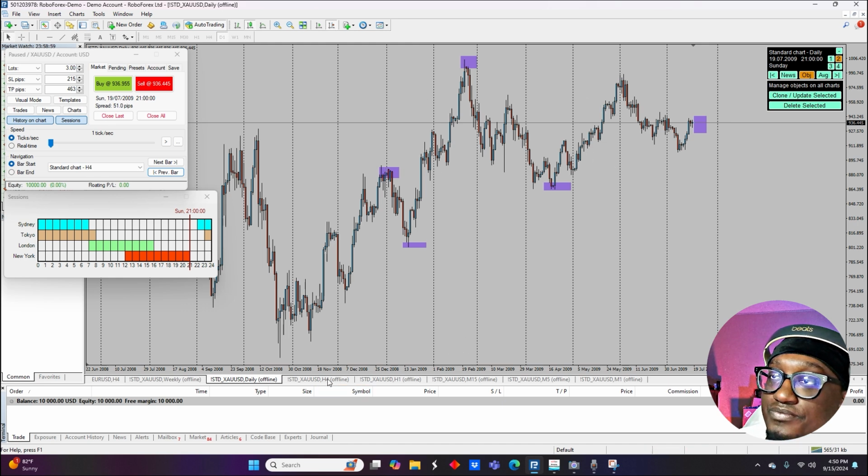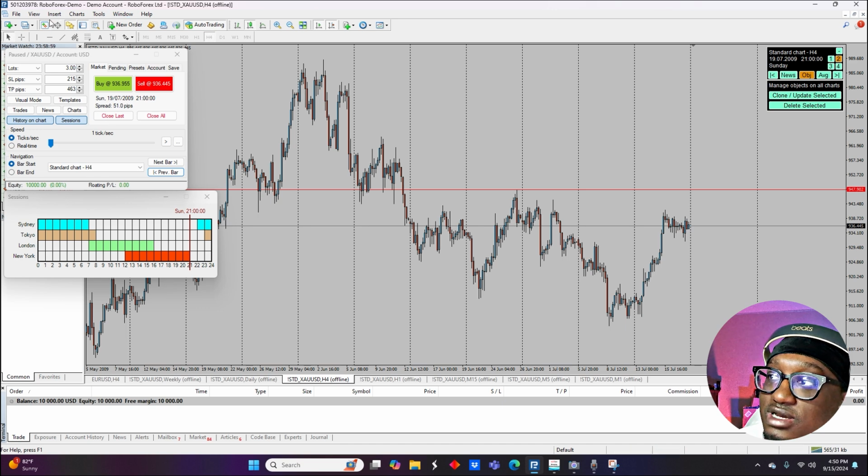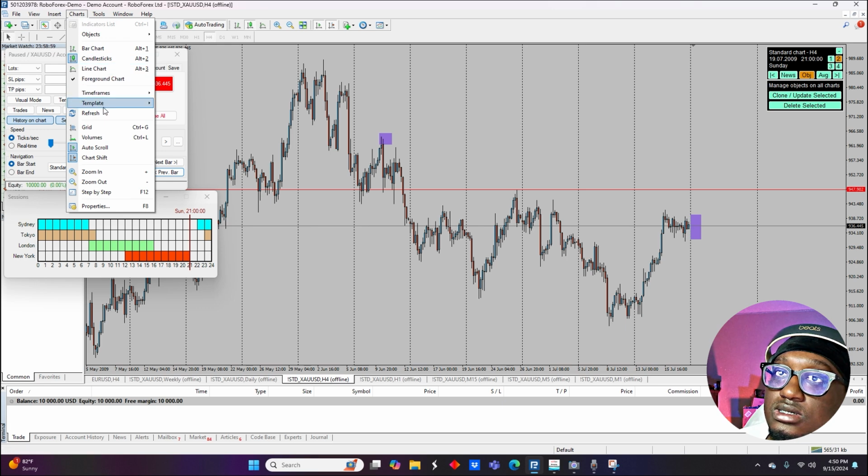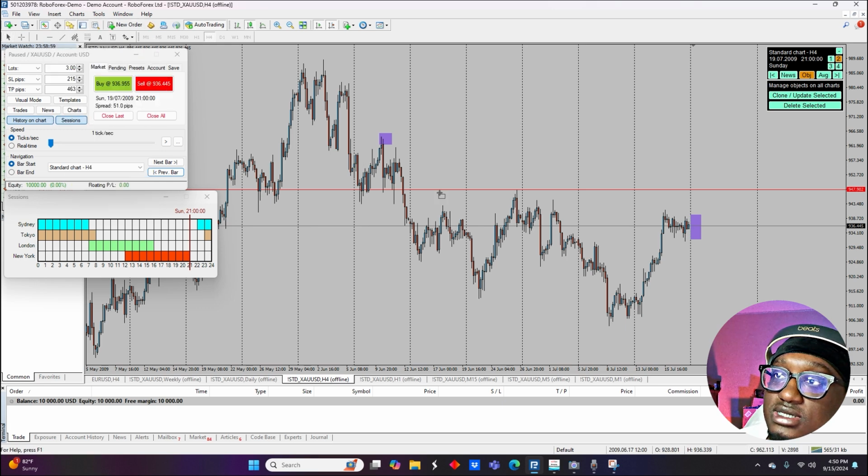So H4, where price is right now is right here. This is where price is right now, which means in this situation it is bearish. It's been going down. Remember what I said, this high took out this low.